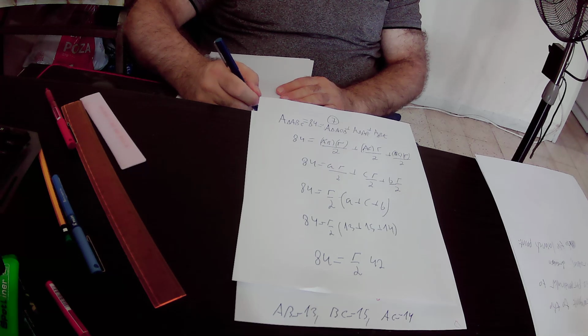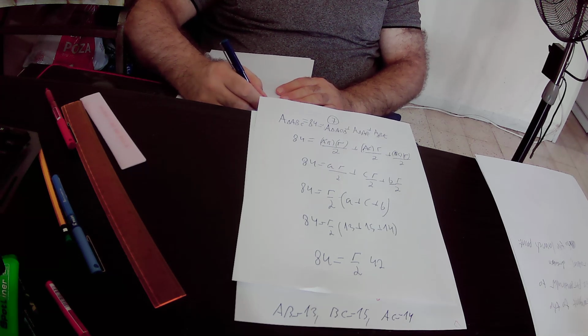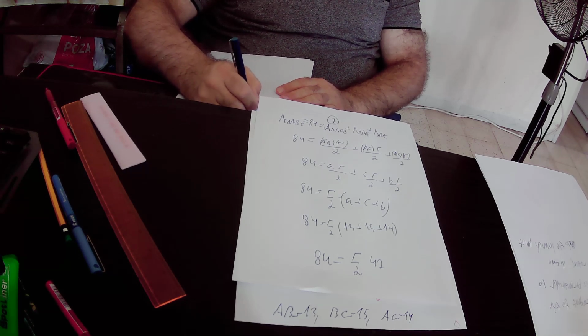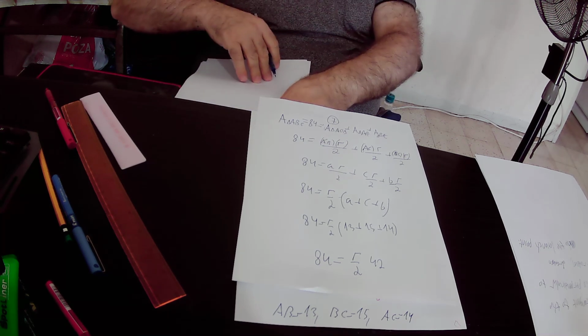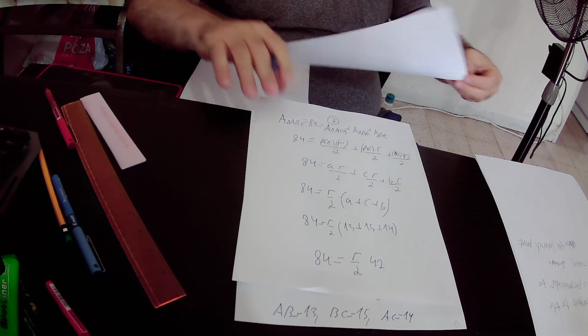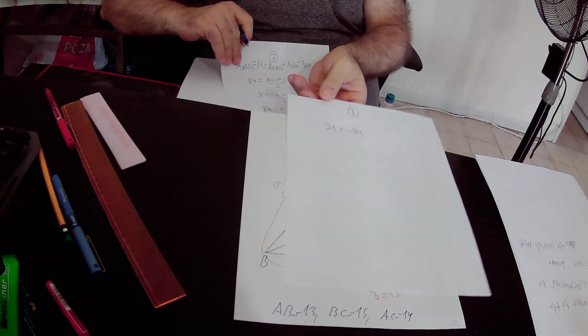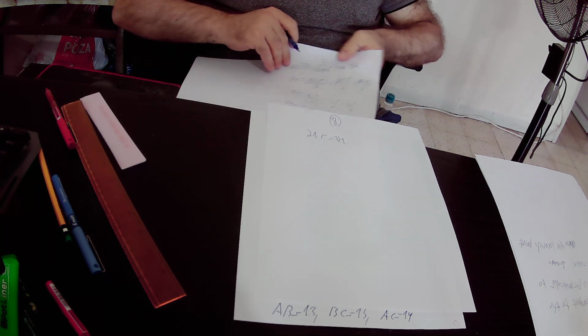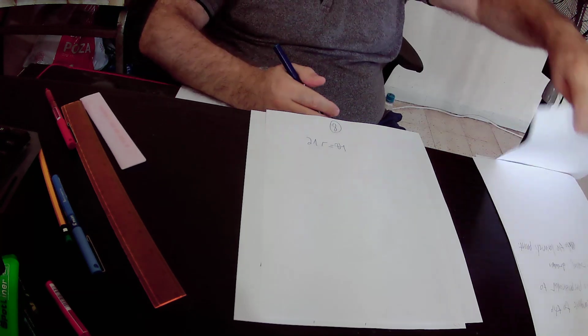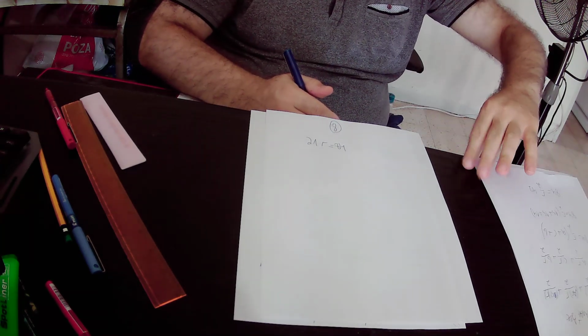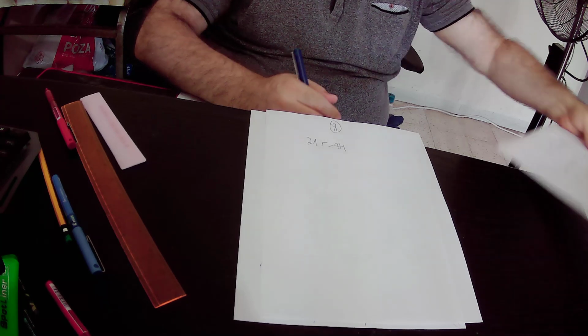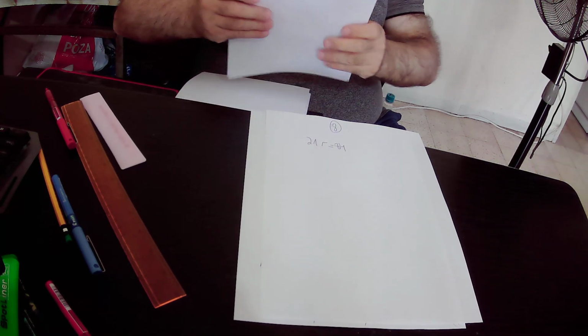So 42 over 2 is 21. So we have this equality that states that 21 times the radius of the green circle equals 84.